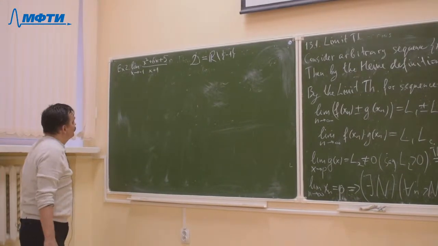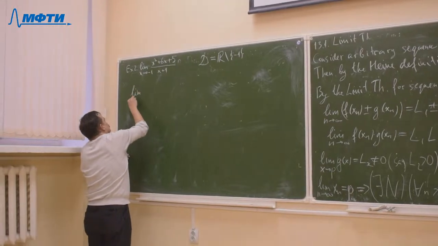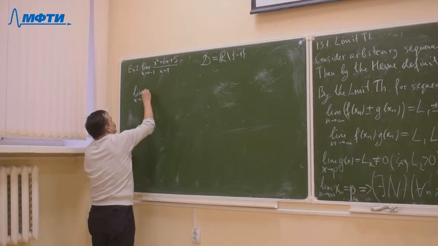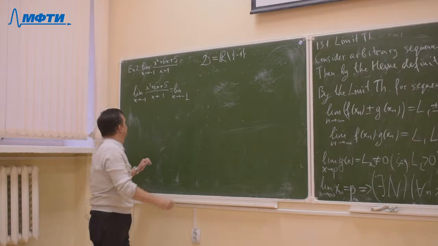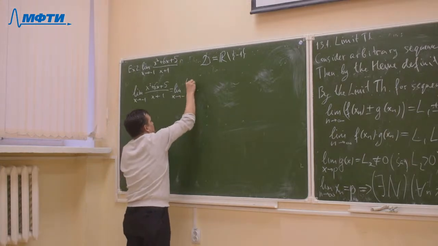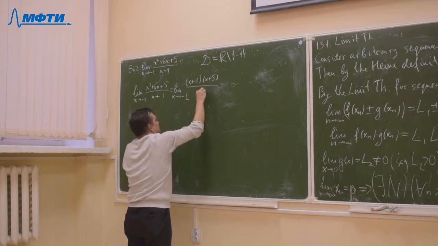Then how do we proceed? We proceed as follows. So I did it at the beginning of the chapter. Now once again the same idea is used, right?